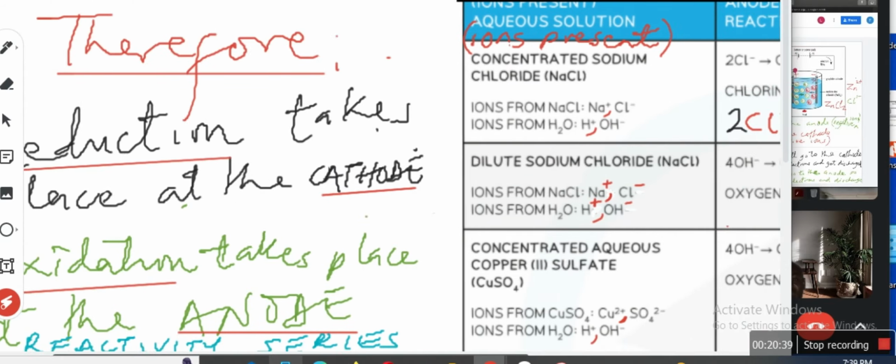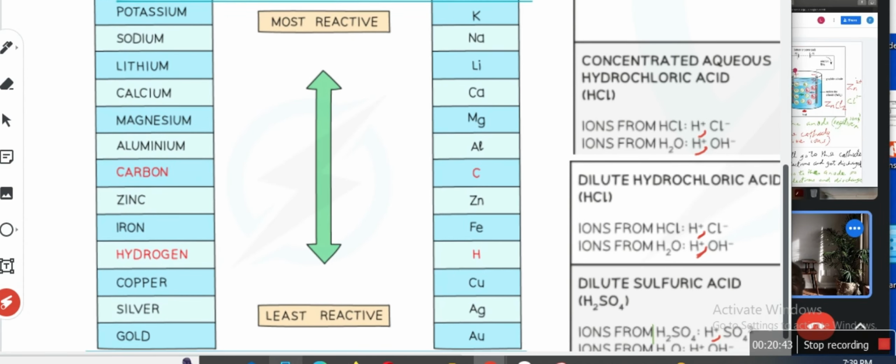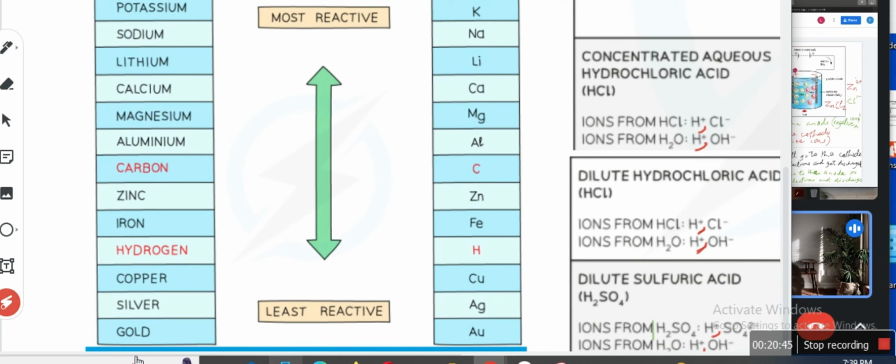No, the reactivity series is about how elements are arranged, in simple terms, based on the ease of reaction, or how easily they can react with other elements. Potassium is more reactive than sodium. Sodium is more reactive than lithium. Lithium is more reactive than calcium.